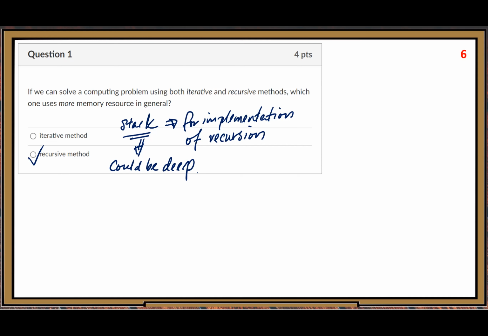Sometimes for relatively simpler cases, if we can use iterative method in our implementation, we try to reduce the chances that we use the recursion.